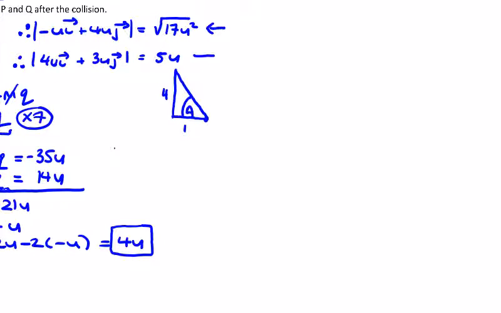Q is traveling 4 and 3, so out 4 up 3, just a sketch. So this is the direction of Q, out 4 up 3, and the angle in between is the angle between them, C.